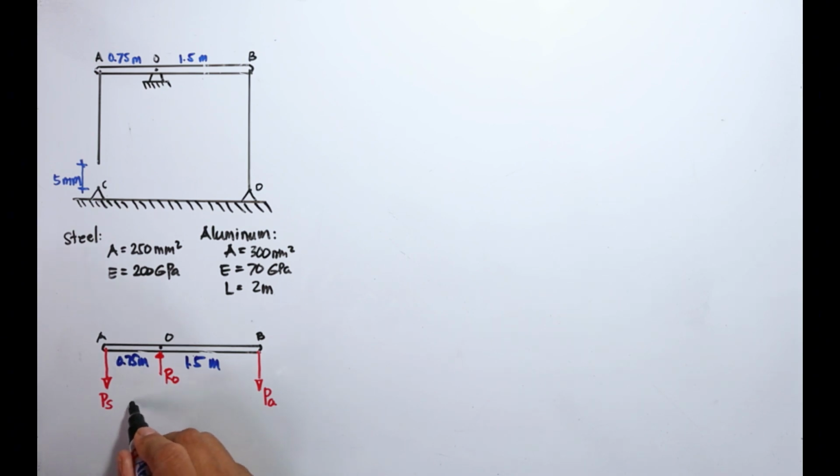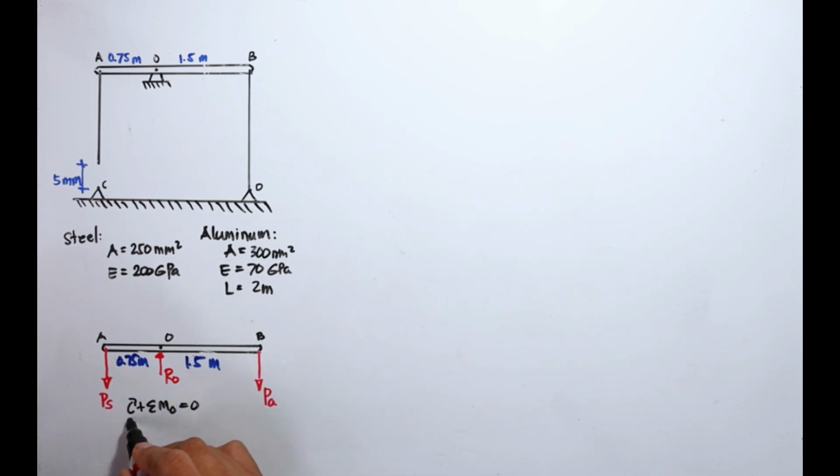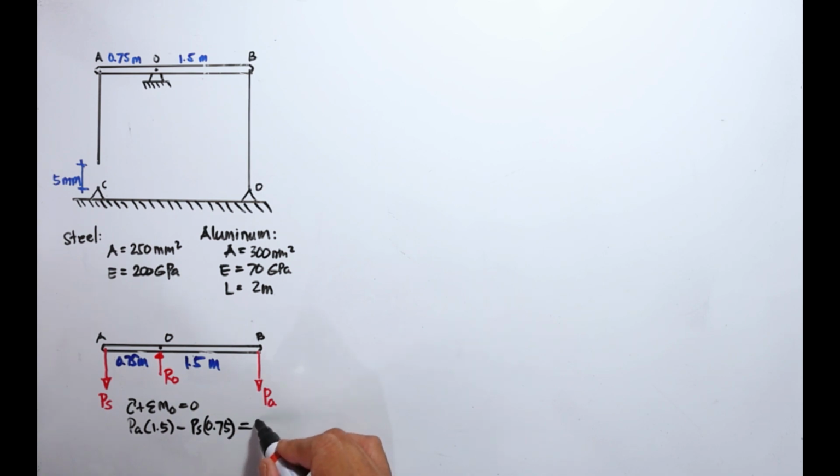If we sum up moment at O equals 0, clockwise moment as positive. So the clockwise moment is the moment created by P sub A. That's P sub A times the moment arm of 1.5. This one will create a negative moment. So that's minus P sub S times the moment arm of 0.75 equals 0.